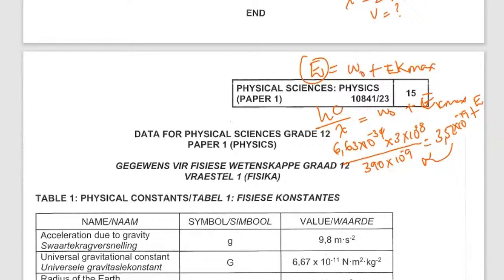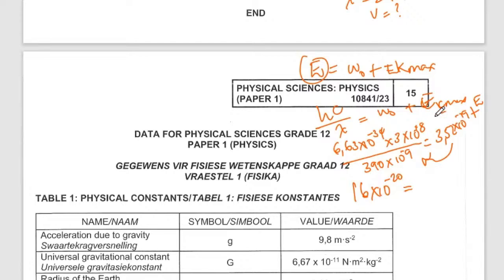I'm subtracting 3.52 times 10 to the negative 19. So I'm getting about 1.6 times 10 to the negative 19.